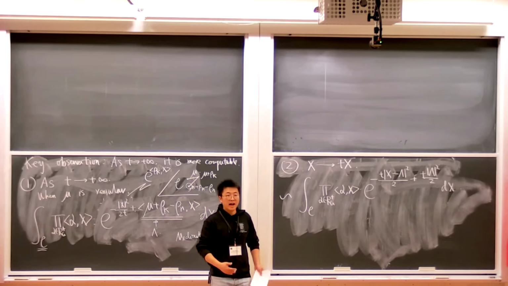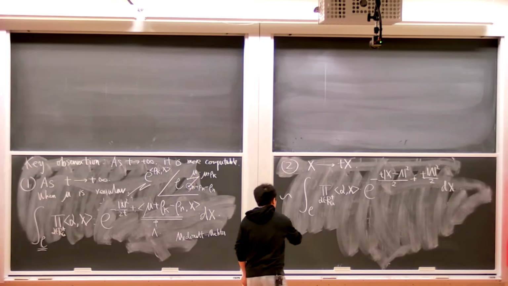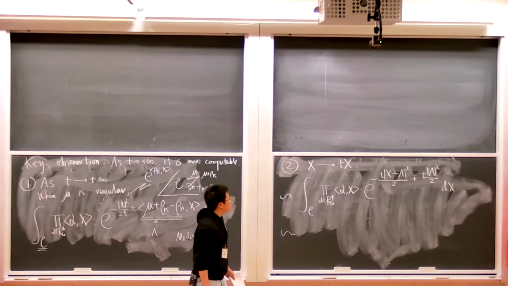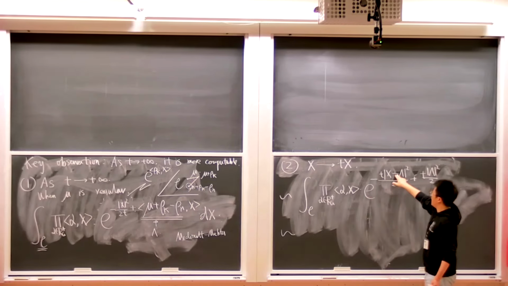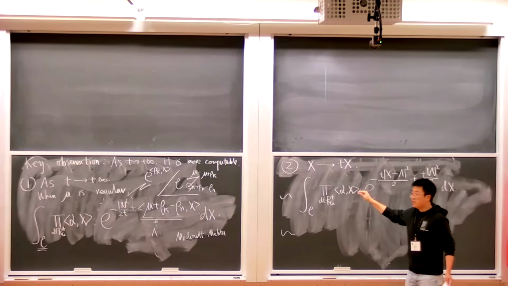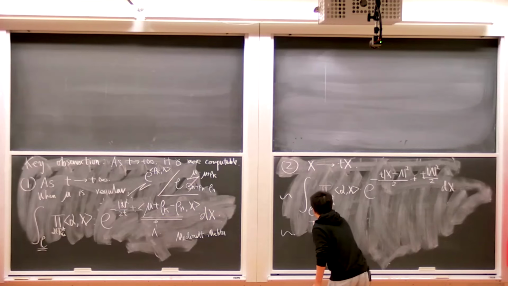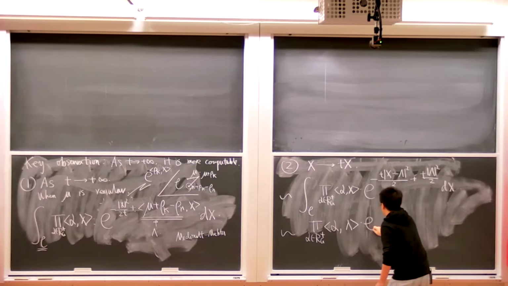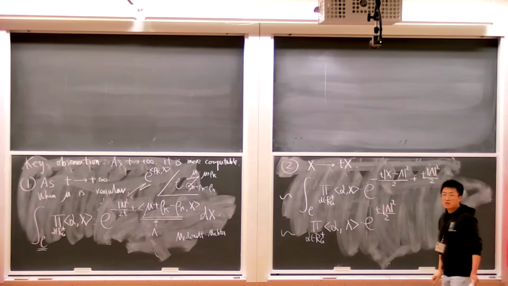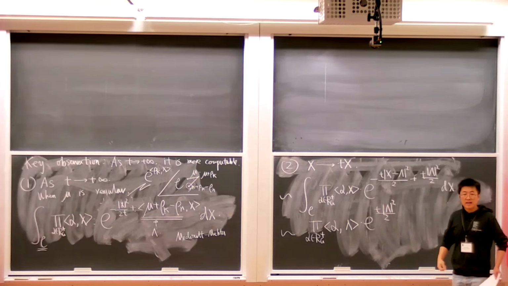This plays the role of the delta function at lambda. So when you do the integration, you just replace x by lambda. This is what you will get: the term alpha of lambda times e to the power t lambda squared over 2. This is what the formula looks like as t goes to infinity for the regular case.